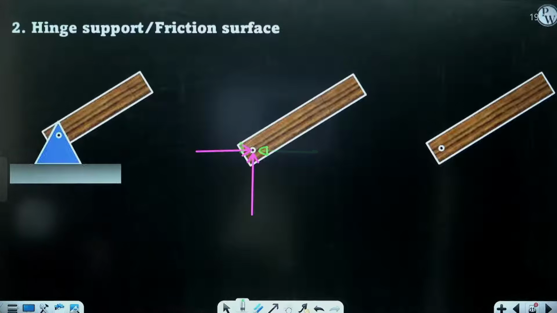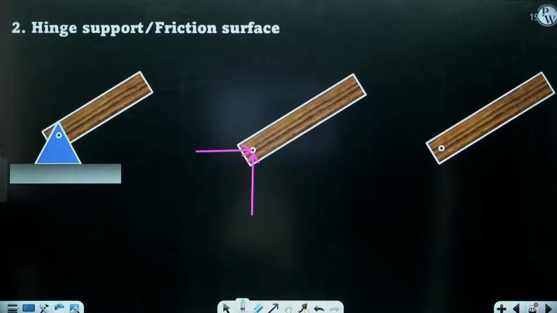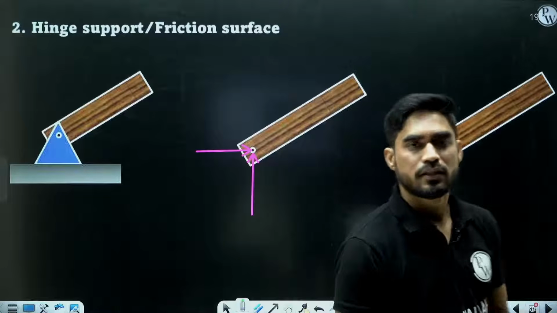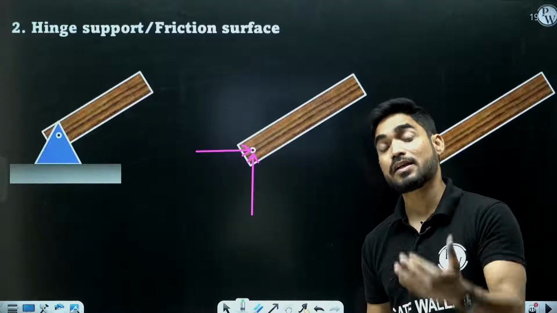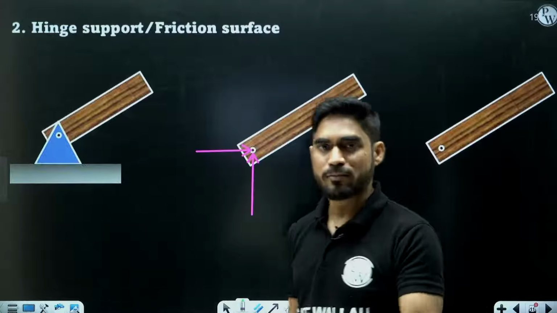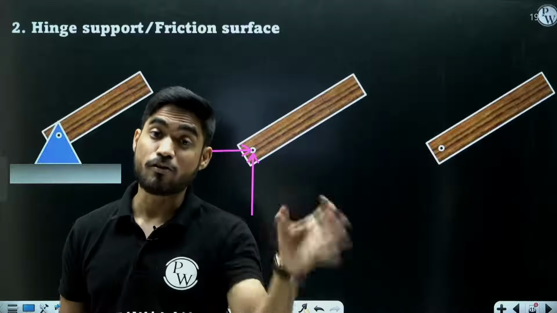So whenever you are deciding the direction of a reaction, you assume any one direction, plus x or minus x, plus y or minus y. If you solve the problem and you get a positive answer, it means your assumption is correct. And if you solve the problem and you get a negative answer, it means your assumption is wrong.